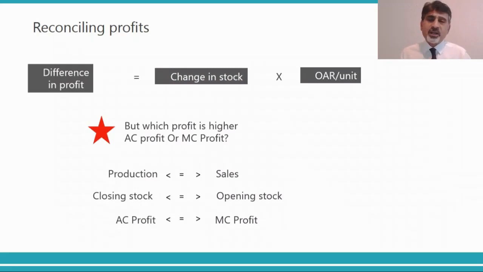If I sold 1200 units from 1500, my closing inventory will be 300. Opening was 500, closing is 300, so closing inventory is less. In that case, absorption costing profit will be less than marginal costing profit, because your production is less, 1000, and your sales are more, 1200. Therefore your closing inventory will be smaller than opening inventory, and absorption costing profit will be smaller than marginal costing profit. That's all with this chapter.